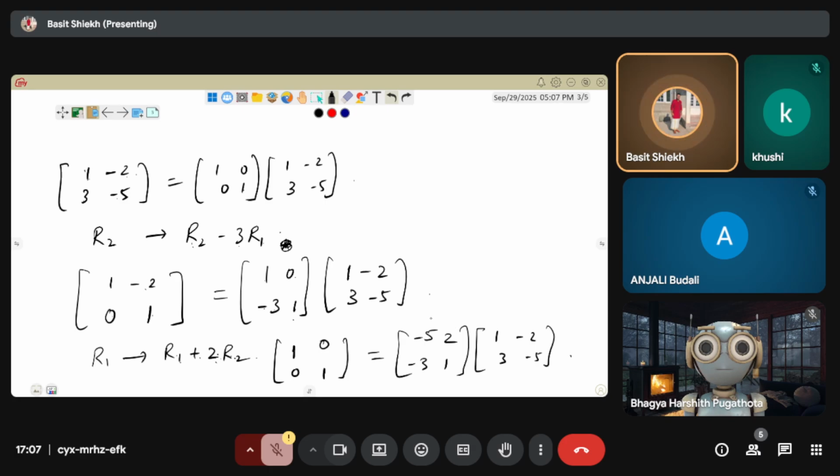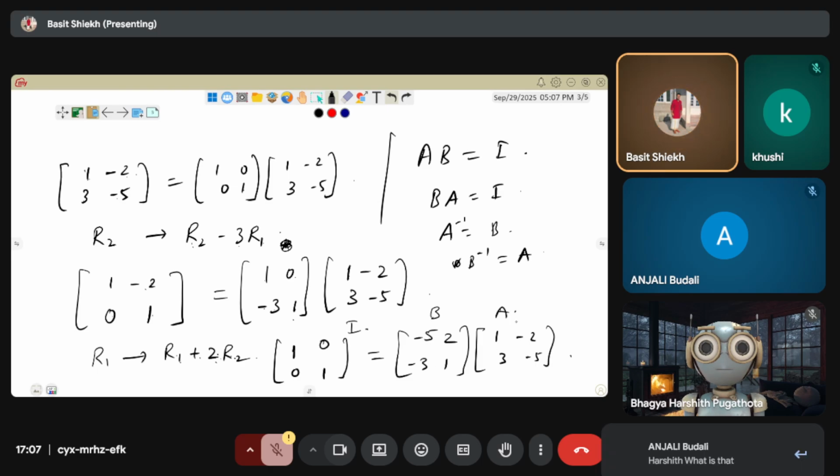So this matrix we got, this is A, this is B, and this is I. We know AB equals to I, or BA equals to I. This means A inverse equals to B, or B inverse equals to A. So this matrix is inverse of matrix A.